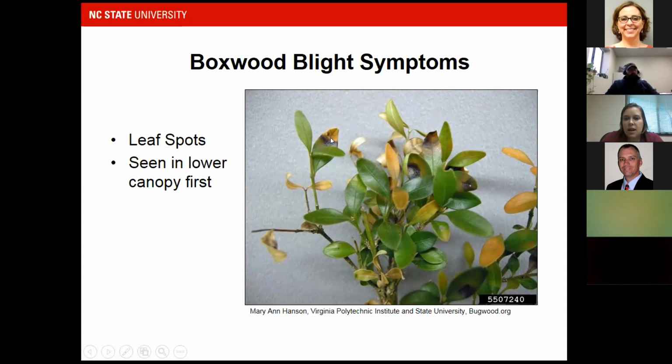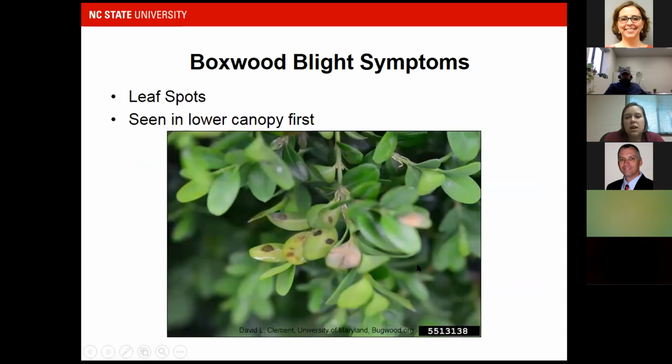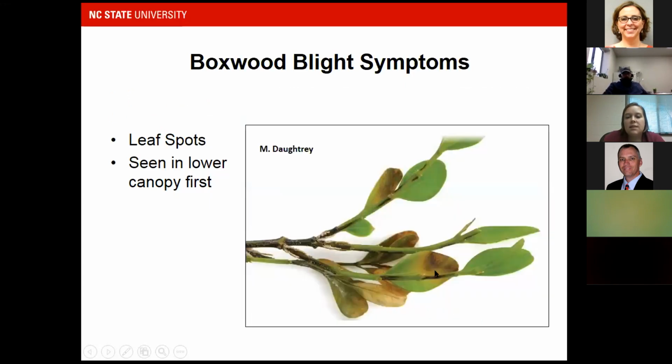There's usually a dark black-brown margin on the lesions too. Here's just some more pictures of lesions. You can see as the lesions age, the whole leaf becomes necrotic. And then you start seeing stem lesions as well, these black streaks on the stem.